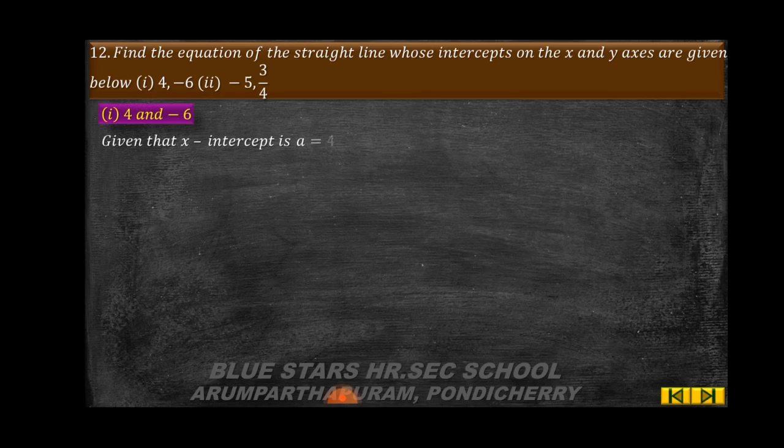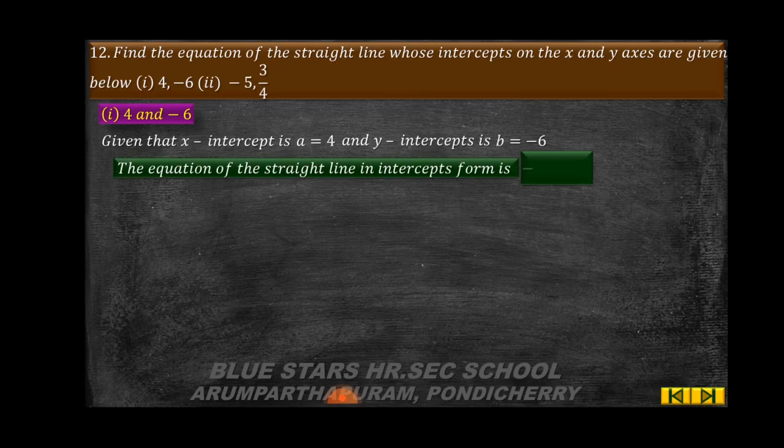Given that the x-intercept a is equal to 4 and the y-intercept b is equal to minus 6. The equation of the straight line in intercept form is x by a plus y by b is equal to 1. So substitute the values in the formula. x by 4 plus y by minus 6 is equal to 1, which implies x by 4 minus y by 6 is equal to 1.